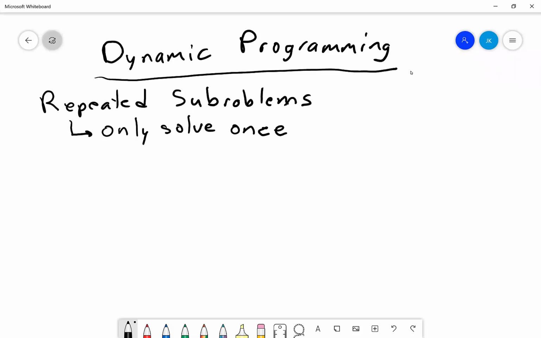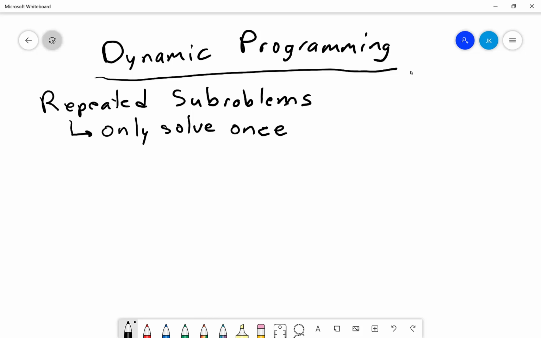Now, there's a couple of ways that we can go about this. I'm going to talk about the two main categories. But the idea here is that if I've got a complex situation, and very often dynamic programming tends to be, it doesn't have to be, but it tends to be something where you're optimizing, where you're finding a maximum or the best or a minimum or something like that. And for these types of problems, usually you have to look at lots of different choices.